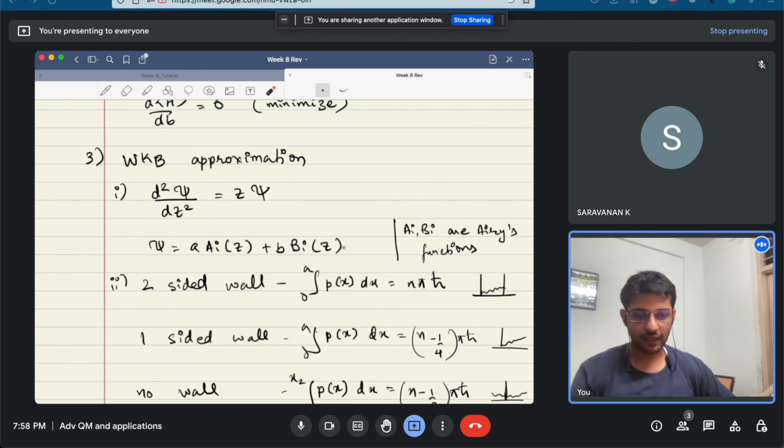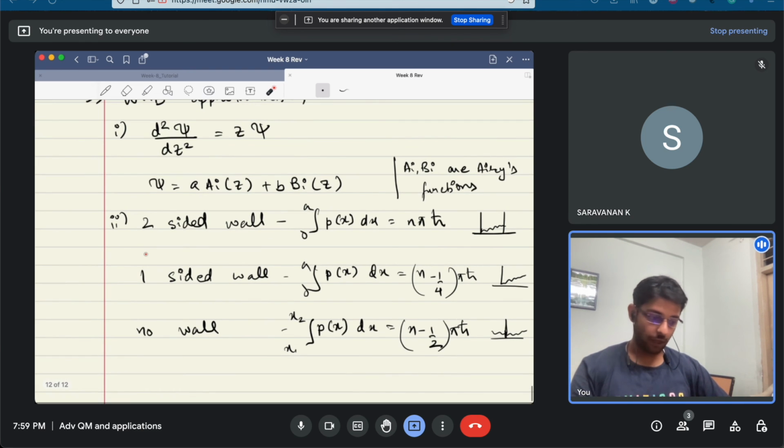You don't really have to memorize the Airy function. You just keep in mind that if a problem comes where the equation looks like this, then the solution is in this form, having Airy functions.